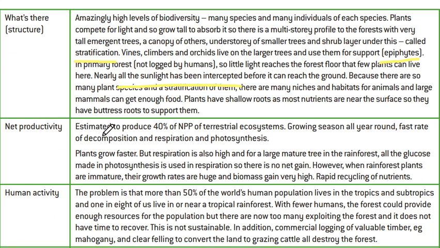Net productivity is around 40%, growing all season round, with a fast rate of decomposition, respiration and photosynthesis. Human activity: more than 50% of the world's human population lives in the tropics and subtropics, and 1 in 8 of us live near or in a tropical rainforest.